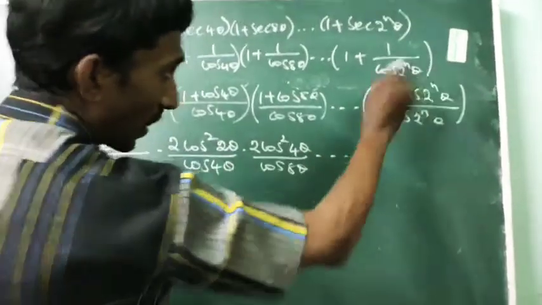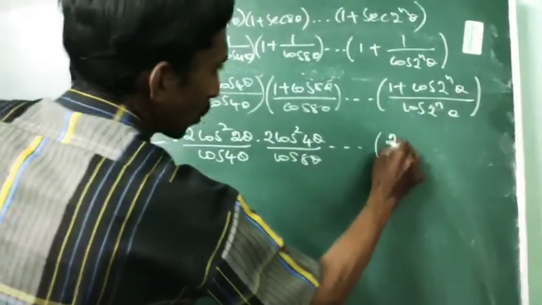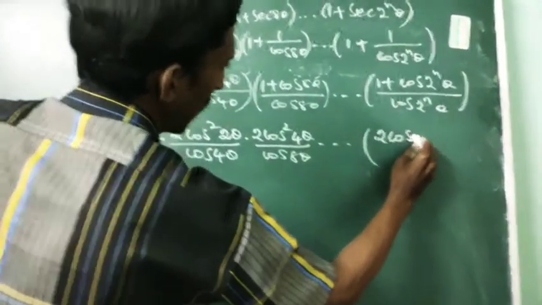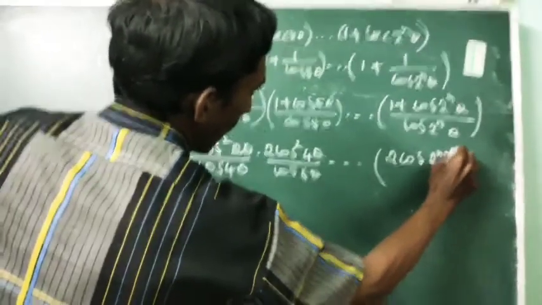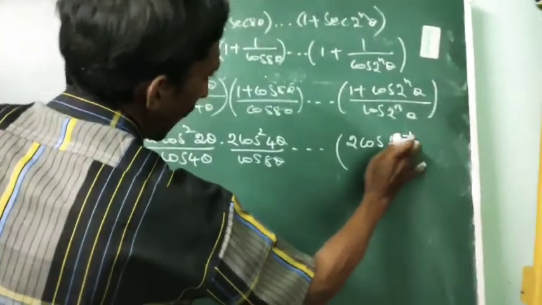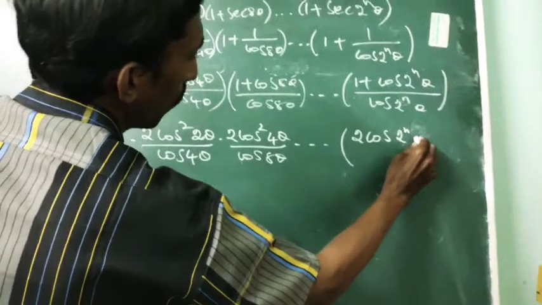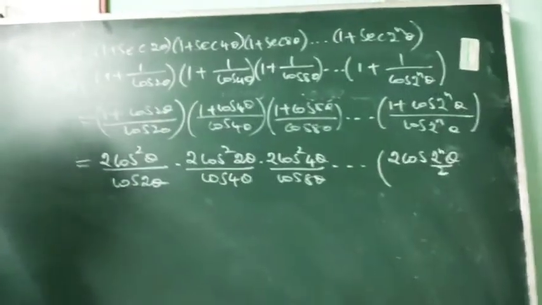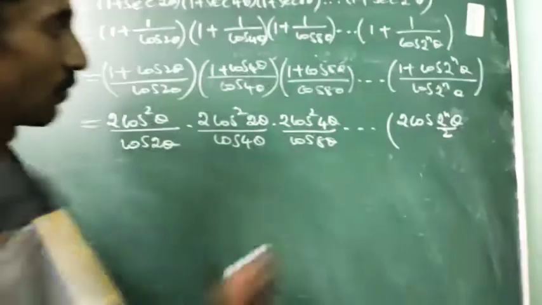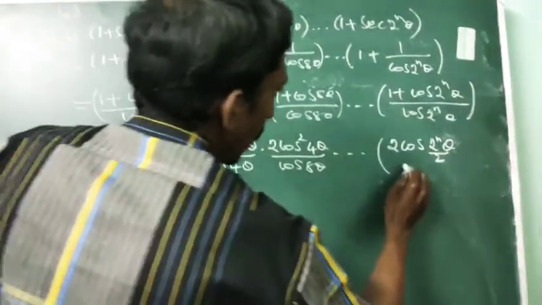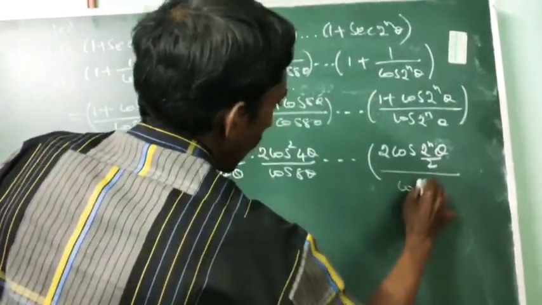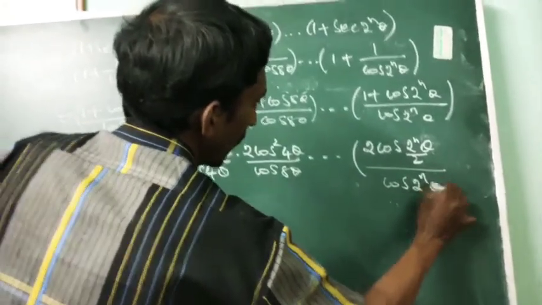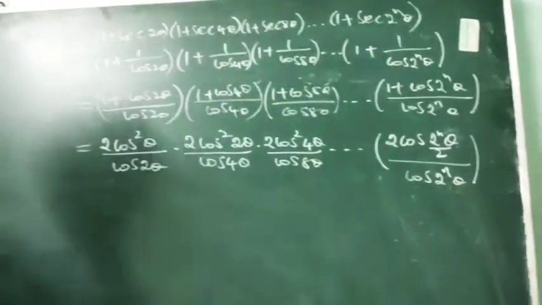So the power is reducing by 1. It can be written as 2 cos power 2 power n minus 1 theta, or you can write 2 power n theta by 2. We can't cancel this 2 and this 2. By cos power 2 power n theta.